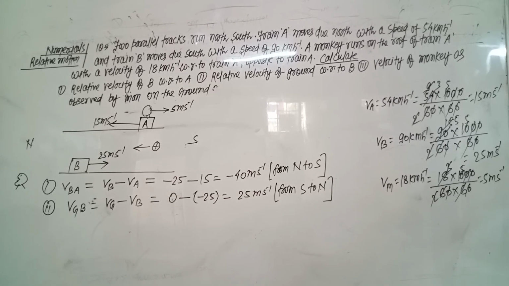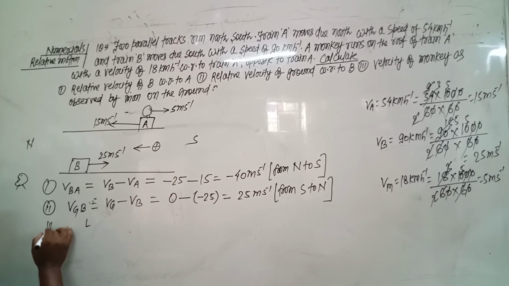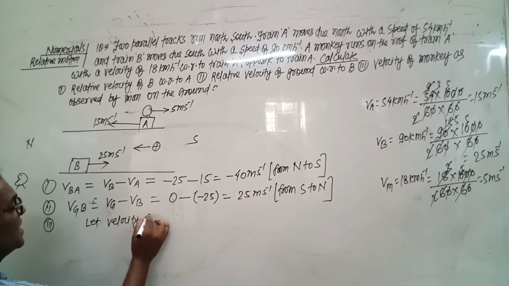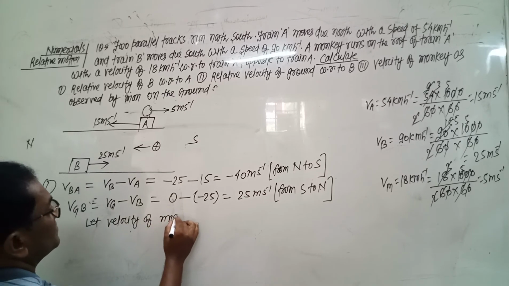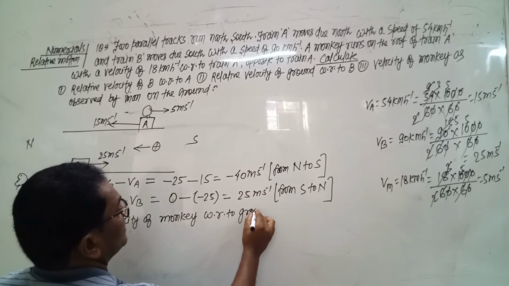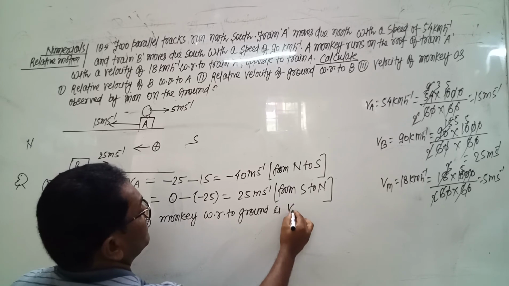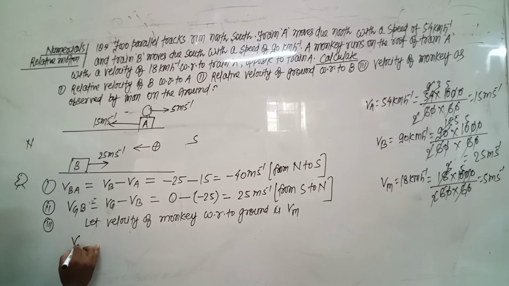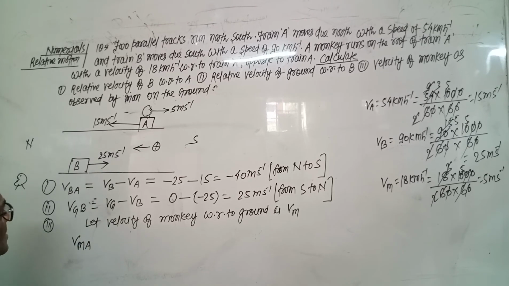So we will suppose let the velocity of monkey with respect to ground be Vm.